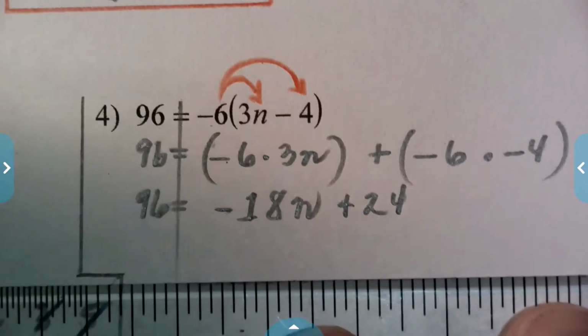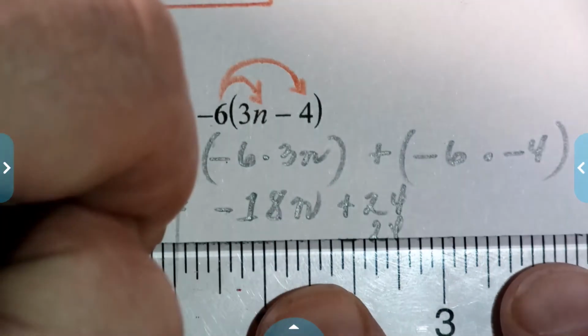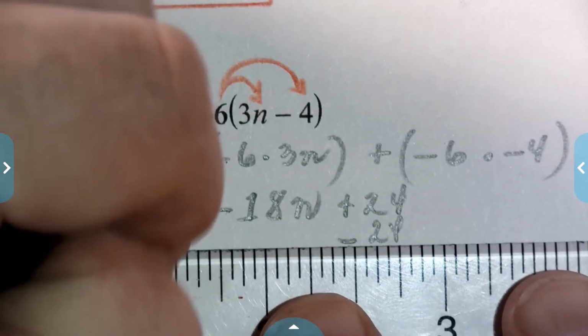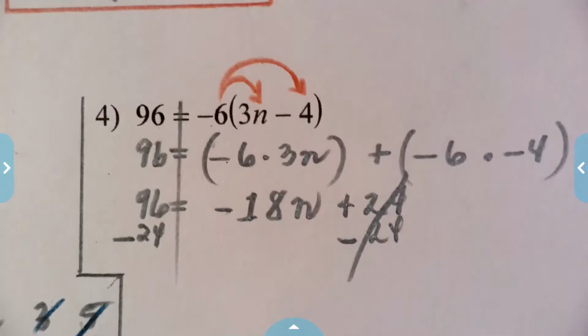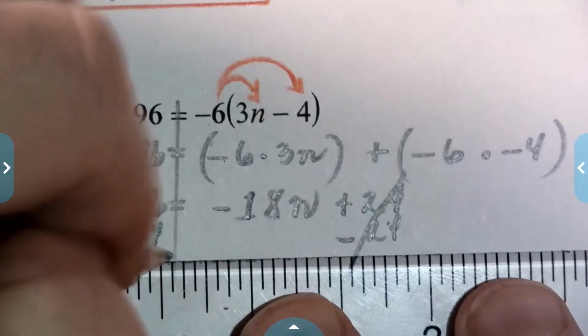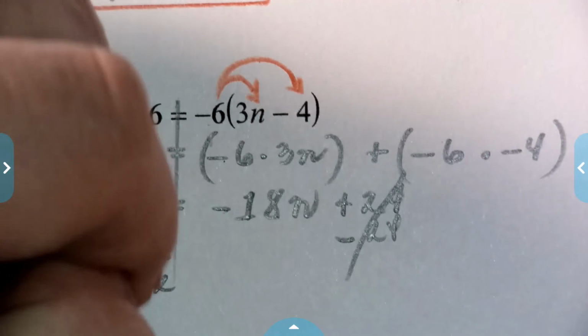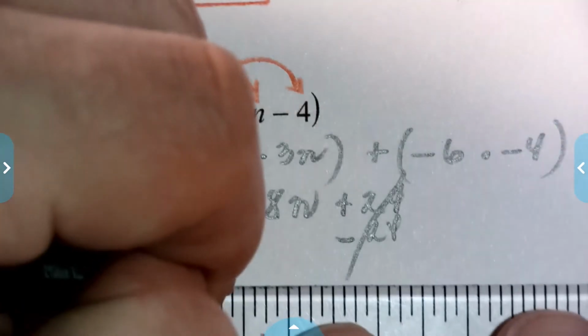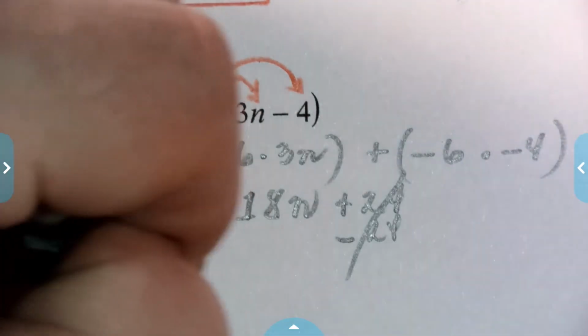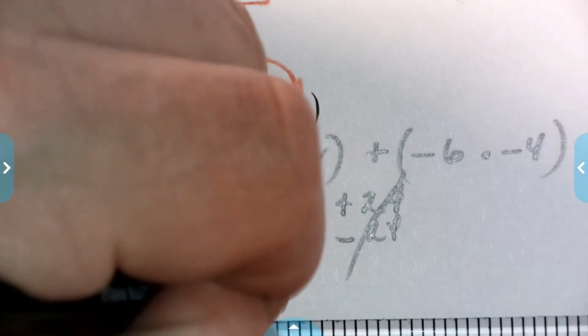All right, well, next step is to subtract 24 from both sides. And 96 minus 24, that gives 72. So I got 72 equals negative 18n.